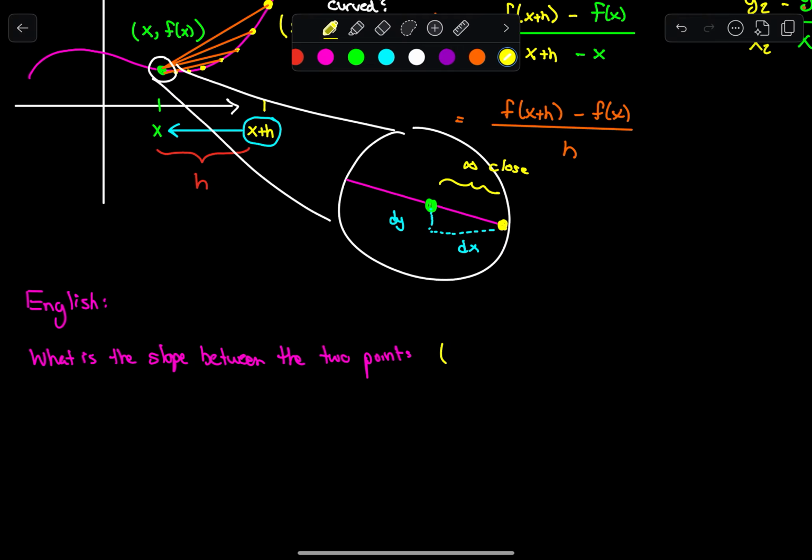So we have x plus h, comma, f of x plus h, and the points in question, x, comma, f of x.